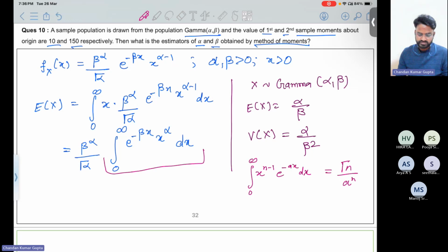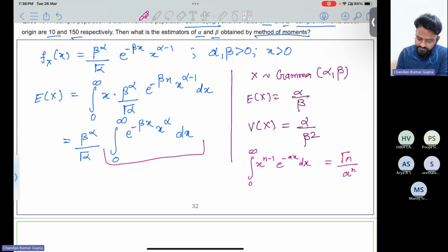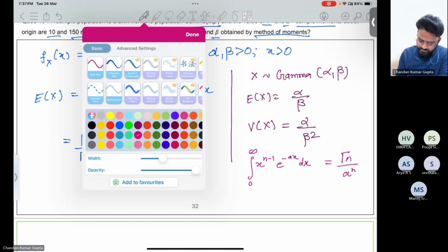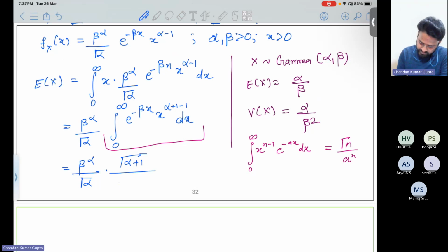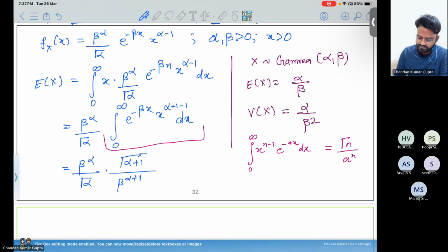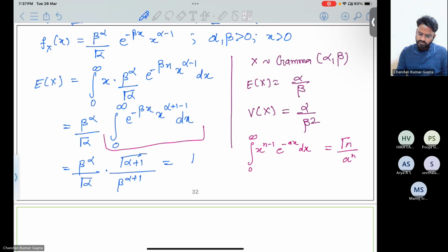With the help of this, we may write beta to the power alpha upon gamma alpha, times gamma of alpha plus 1, divided by beta to the power alpha plus 1. So it comes out to be alpha upon beta.